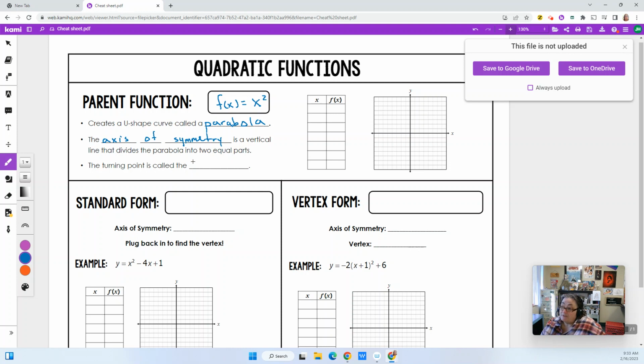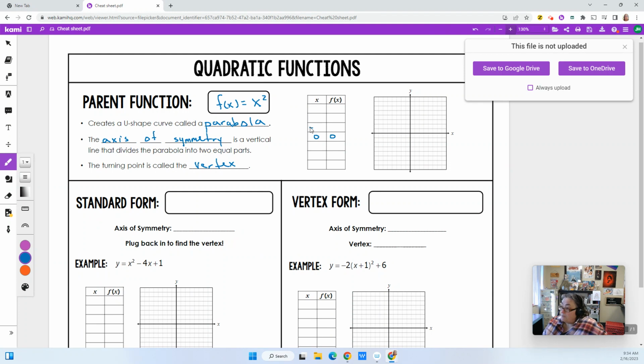The turning point is called the vertex, right? And because this is a parent function, we can just make our vertex 0, 0 because we know that at x equals 0, y also equals 0. Because if I plugged 0 into x squared, I would get 0 back.